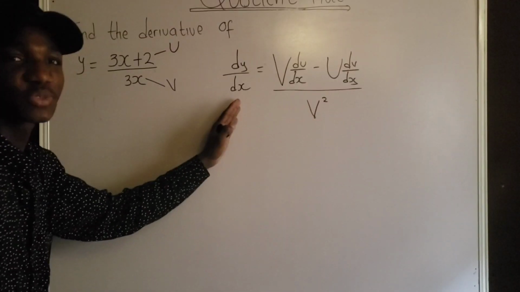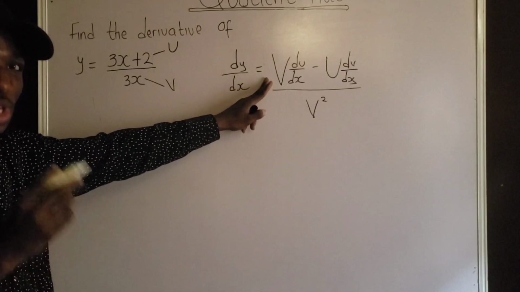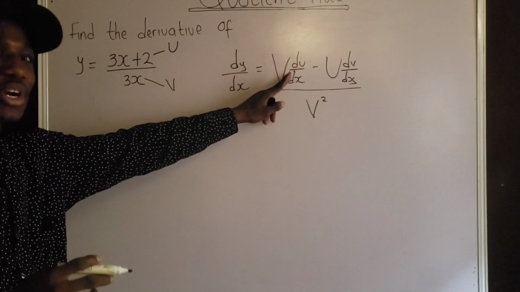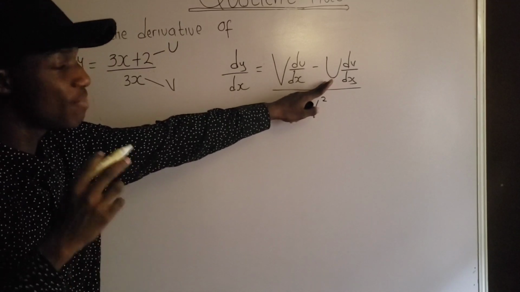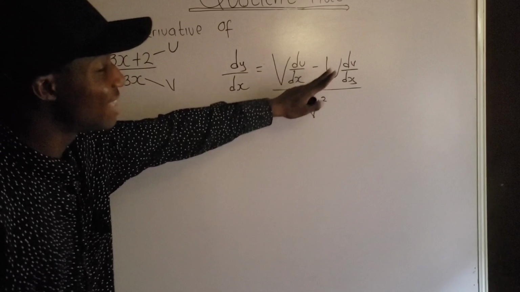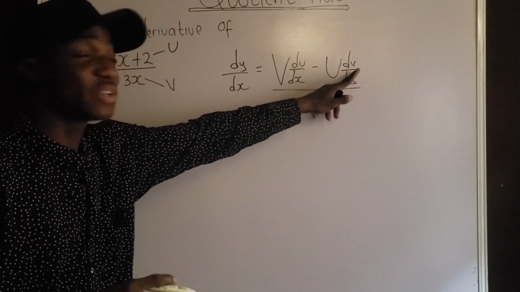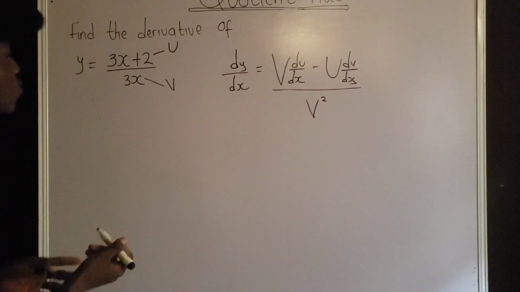The meaning of this formula is that we are going to keep the denominator, which is v, constant, and then multiply with the derivative of our numerator, that is du over dx, minus, we are going to keep the numerator, which is u, constant, and then find the derivative of the denominator, which is dv over dx, all over v squared. That is, we are going to raise v to the power of 2.